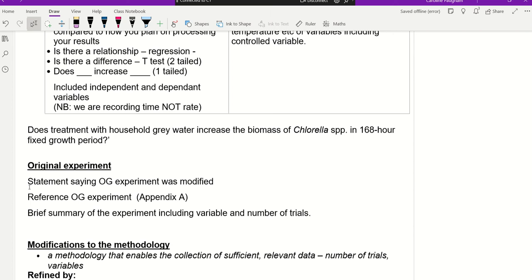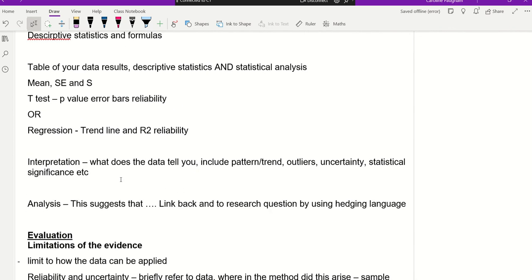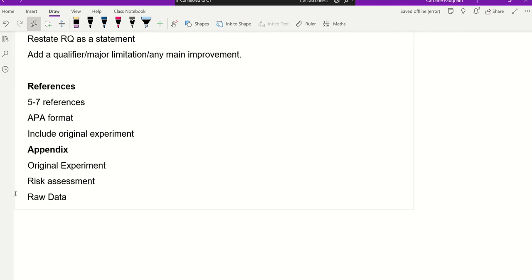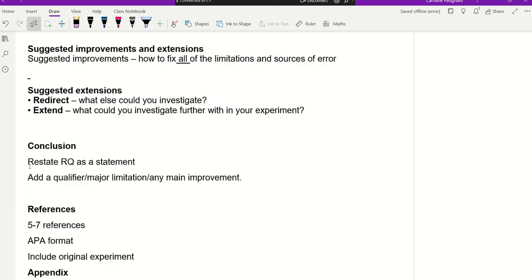Okay? Then you slap in your reference. Smack bang APA reference. Okay? And you can also refer to your appendix. In your appendix, you can include a copy of your original experiment right down the bottom. Sorry, I said research question. I mean original experiment, okay?